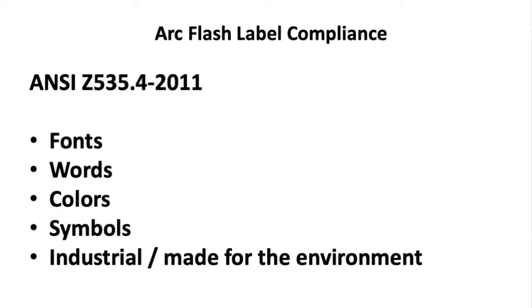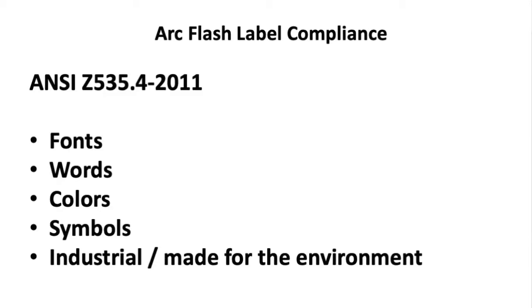Now, the other part of arc flash label compliance has to do with ANSI Z535.4. What this talks about is the specific things that have to be on the labels. This ANSI standard is about safety signs and postings.